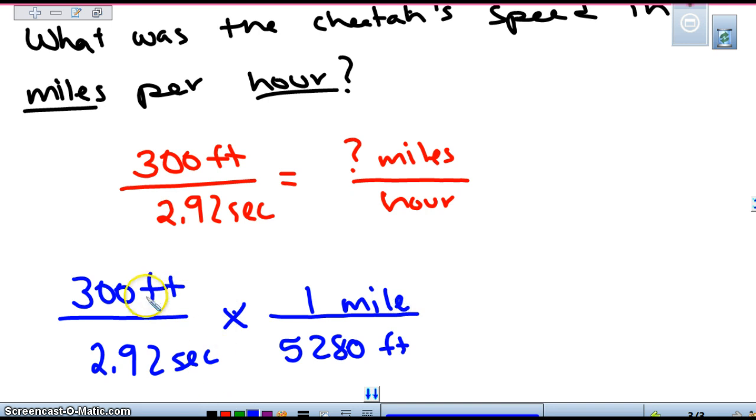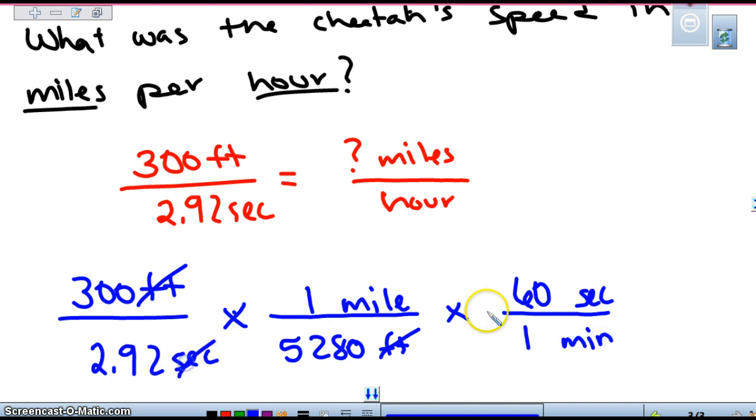This cancels our feet. Now we need to change our seconds to hours. So how many seconds in 1 hour? Well, there's 60 seconds in 1 minute, right? This cancels our seconds. And there are 60 minutes in 1 hour.